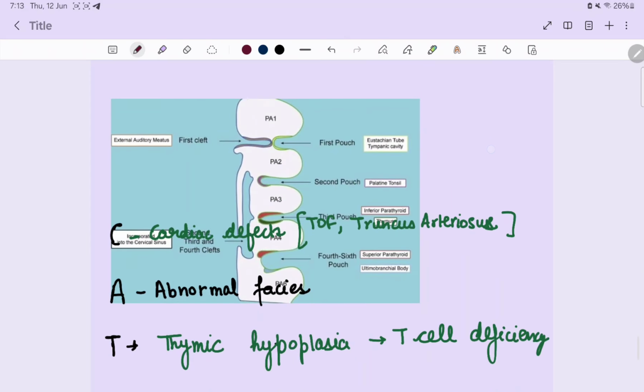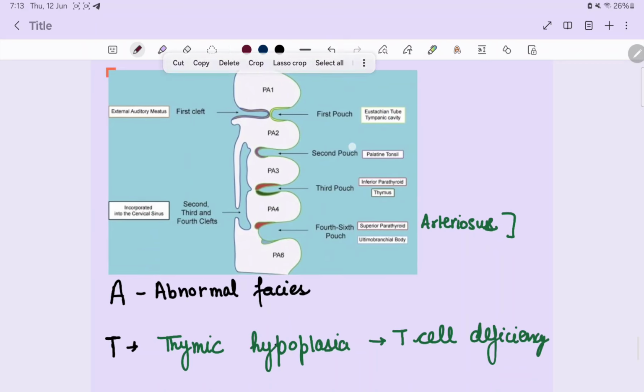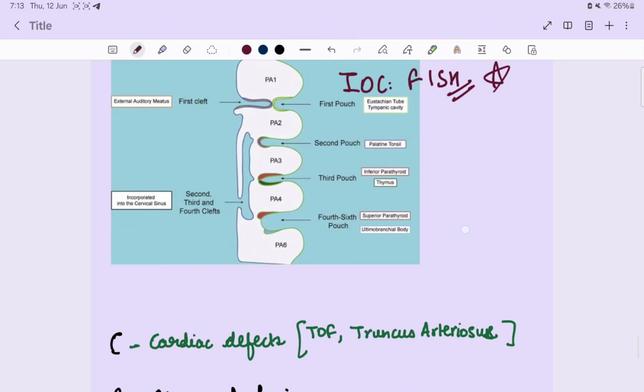So what happens first of all in DiGeorge syndrome? This is a very important image, we all know about it. These are the pouches and the clefts. In DiGeorge, the third and the fourth pouch are affected. The third pouch makes the inferior parathyroid and thymus. The fourth pouch makes the superior parathyroid.